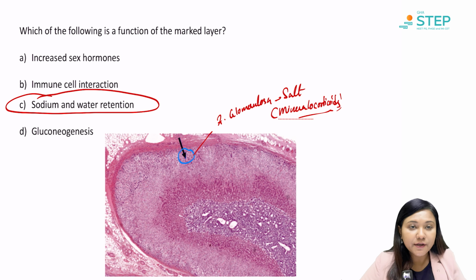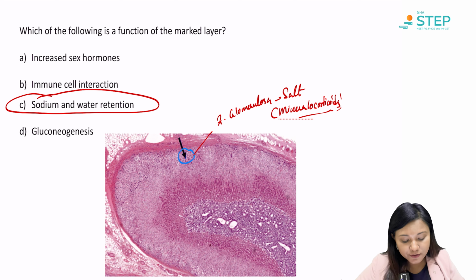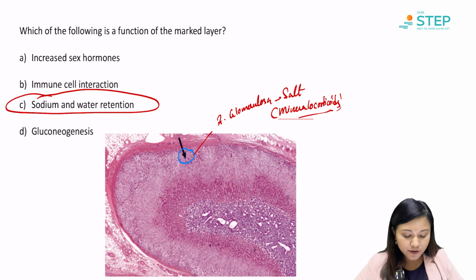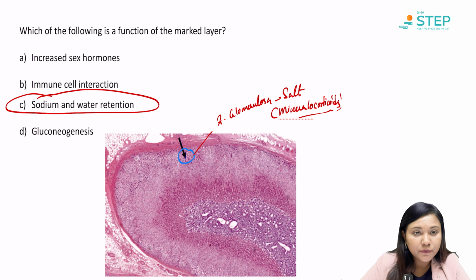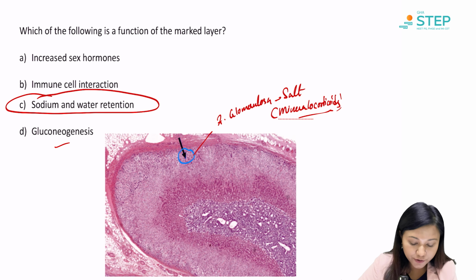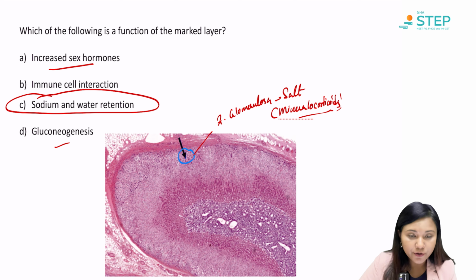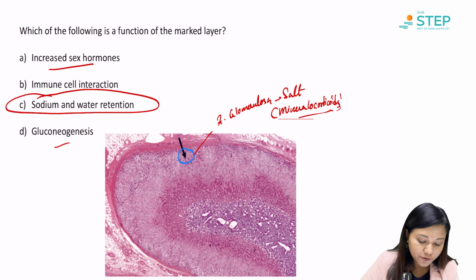Even without looking at the slide, you can know this trick, that it is a slide of the adrenal gland. Just see the options. Mostly they are given about salt, sugar, and sex hormones. So salt is for mineralocorticoid, sugar is for your fasciculata, and increased sex hormone is for your reticularis. And the immune cell interaction is for your adrenal medulla.